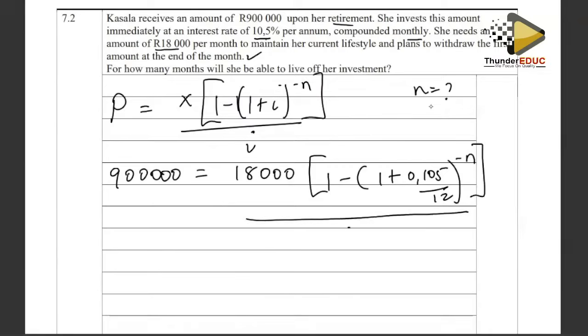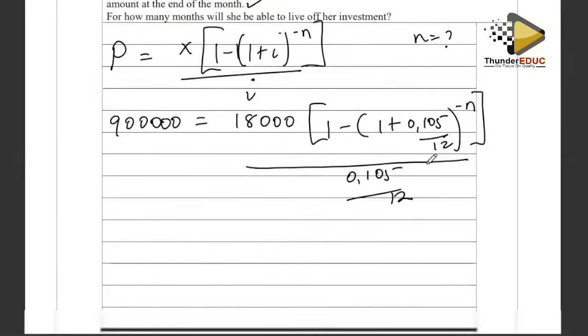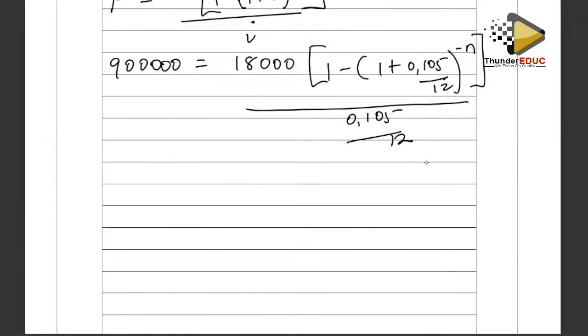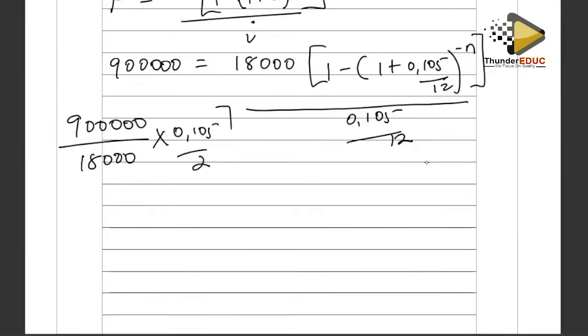We're dividing this by 0.105 over 12. All right, so first things first, I can divide both sides by the 18,000 and then multiply with this. So I'm saying 900,000 over the 18,000 times 0.105 over 12. Okay, wherever I get here, I must subtract 1, and then I'll get a negative answer.